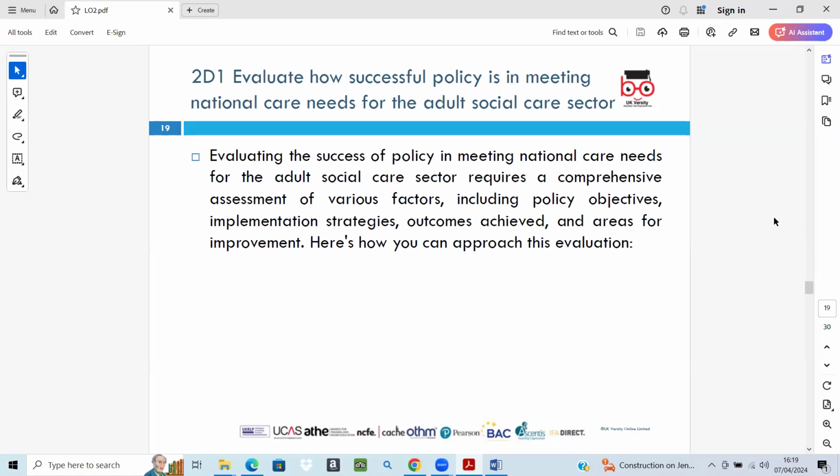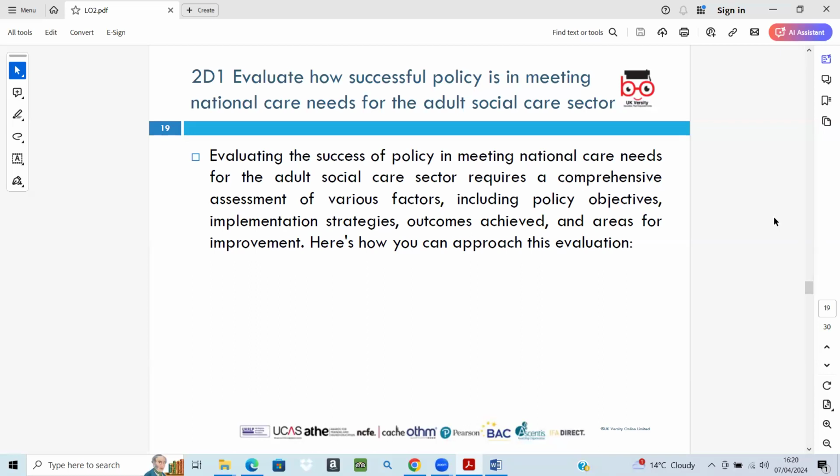And we can also look at how well the policies have met the identified care needs, improved access to services, enhanced care quality, and addressed workforce challenges. And we look for indicators such as service user and staff satisfaction, care accessibility, staff retention rate, and health outcomes. This is all about that.